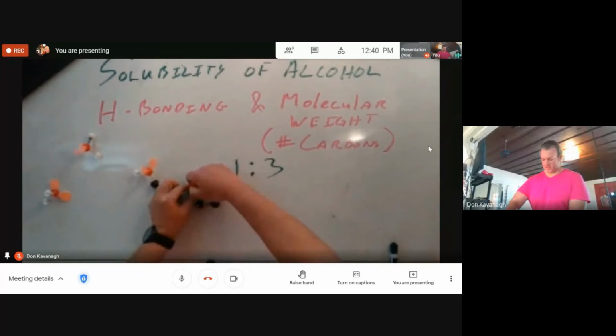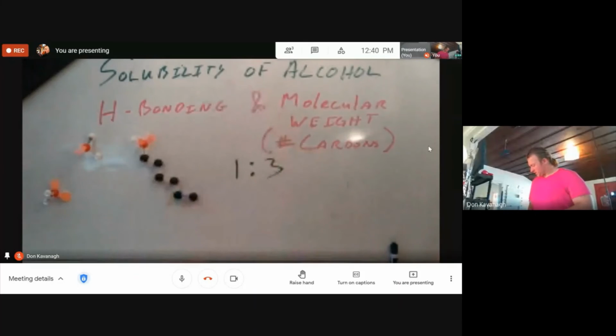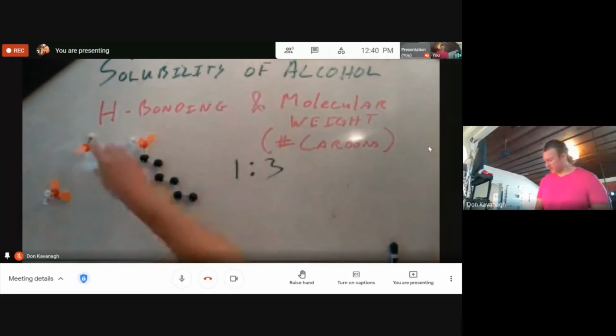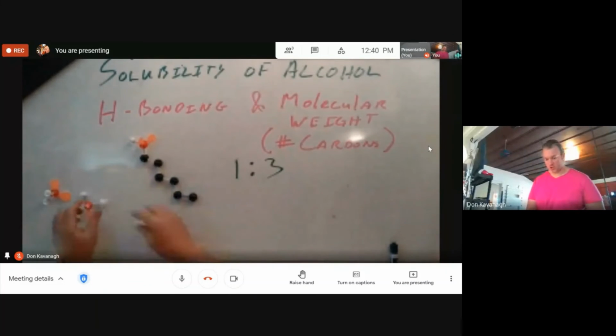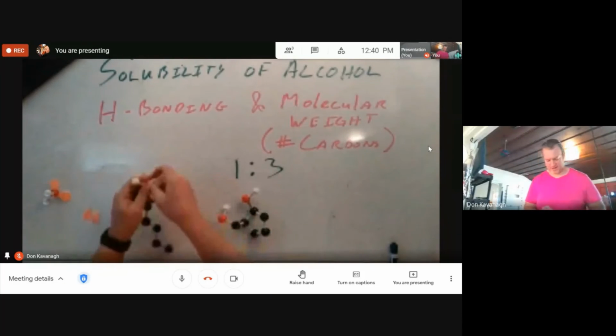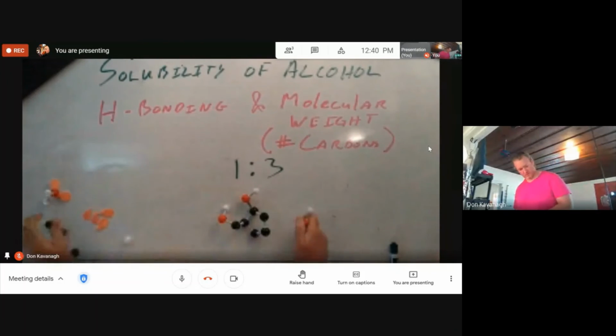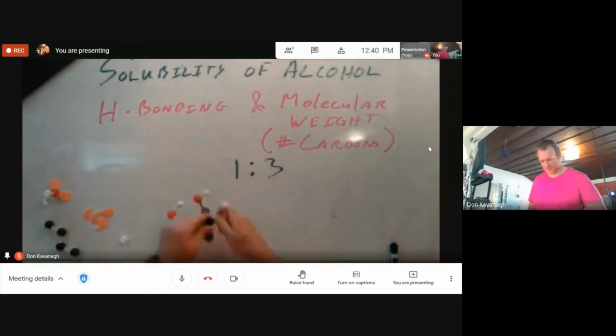Consider the sugar. Let's build it up here. This explains why sugar is so soluble in water. Sugar has 6 carbons associated with it. And I'm just going to try to build a quick random sugar molecule. I'm not by any means saying that this is representative of sugar. Do I have enough to make it?